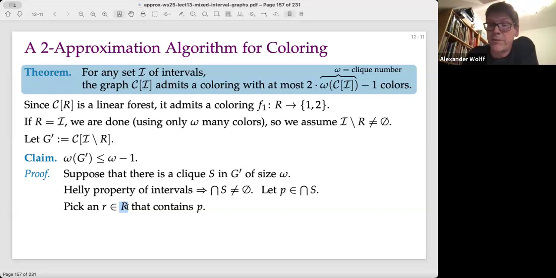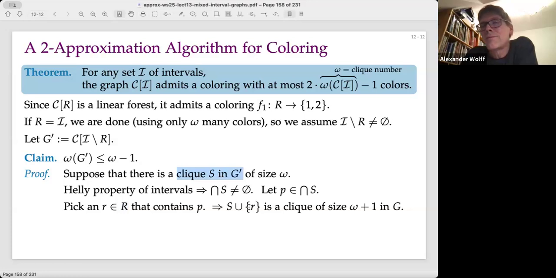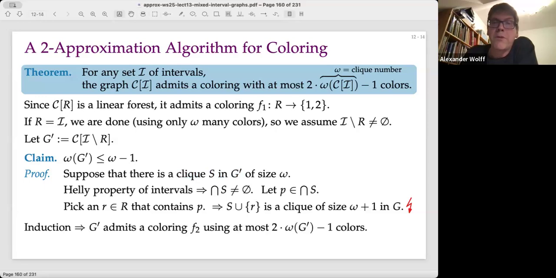Now, if we would add to the set S, which is a clique in G prime, the interval R, we would have a clique of size omega plus 1. But we have defined omega to be the size of the largest clique in G, so there cannot be a clique of size omega plus 1 in G. All right. So the claim is true.